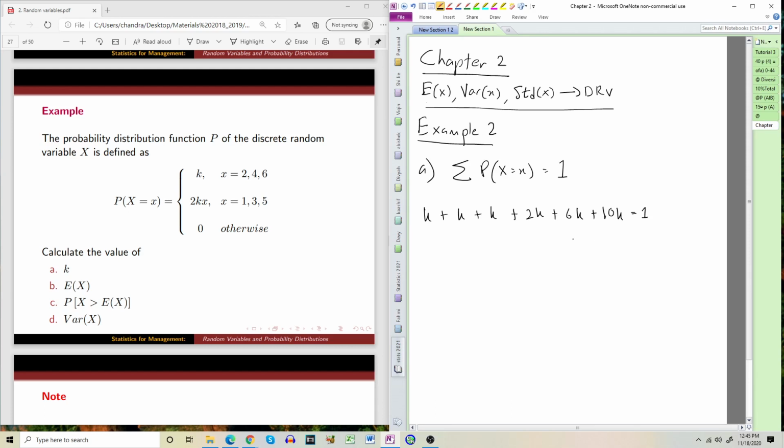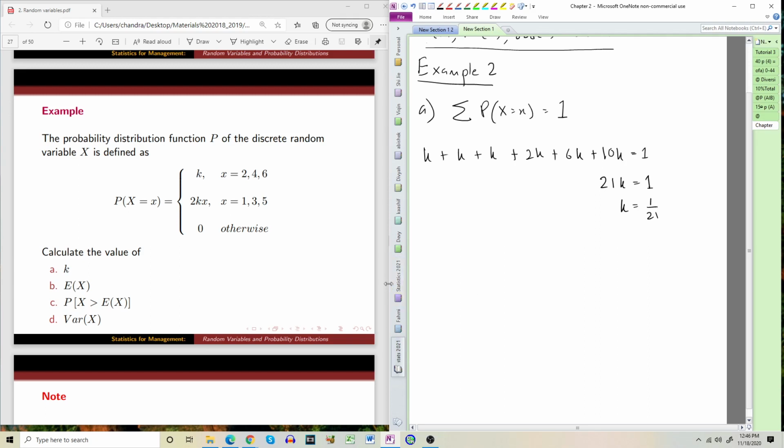So altogether how many k are there? 21k. So k is 1 over 21. That is question A.